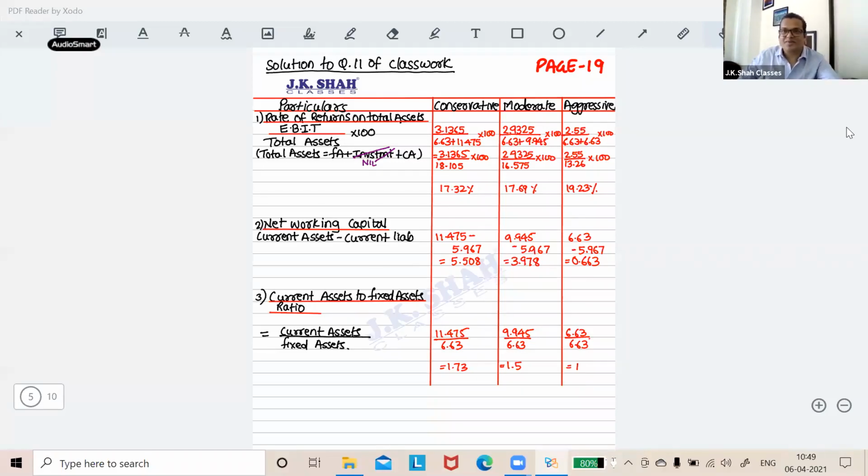Vice versa. So I repeat, high risk, high returns, and vice versa is a universally accepted principle. Now in the same point we have to talk about 3 different plans.